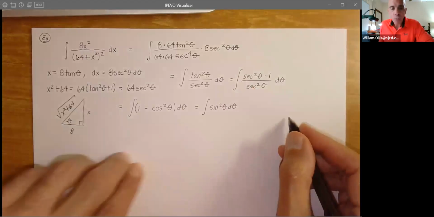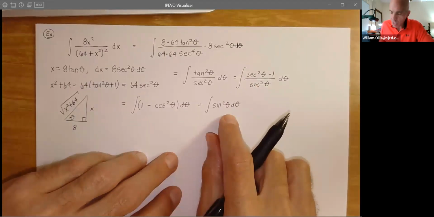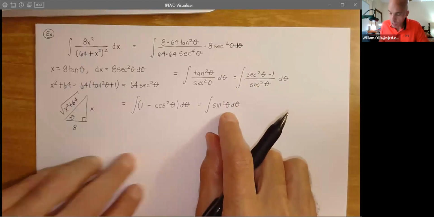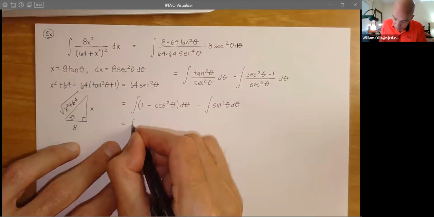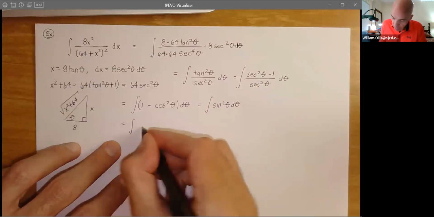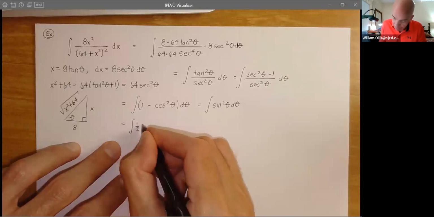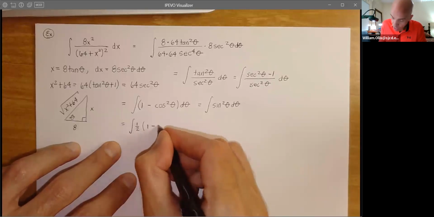Now, of course, when we get to this point, we don't have to use the reduction formula here that we did for sine to the 6. We'll go ahead and use the power reducing identity. So again, this will be the integral. If you like, you can do the 1/2 times 1 minus cosine 2 theta.